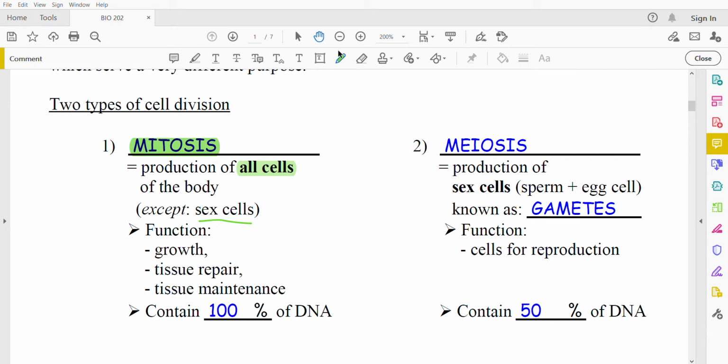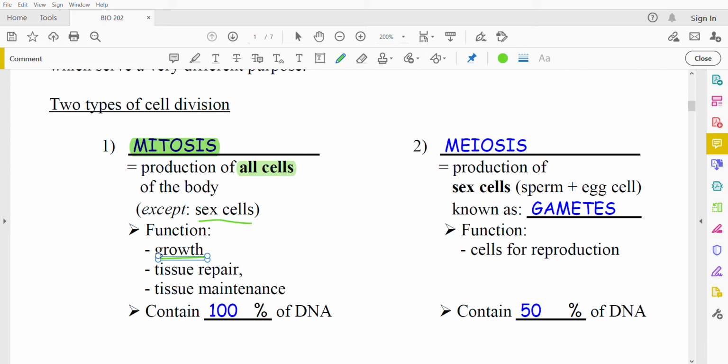But what we see with mitotic cell division is that it serves many purposes, such as growth. We grow bigger, we grow more diverse, we grow having more structures, we grow having specific structures by our cells going through the mitotic cell division process.